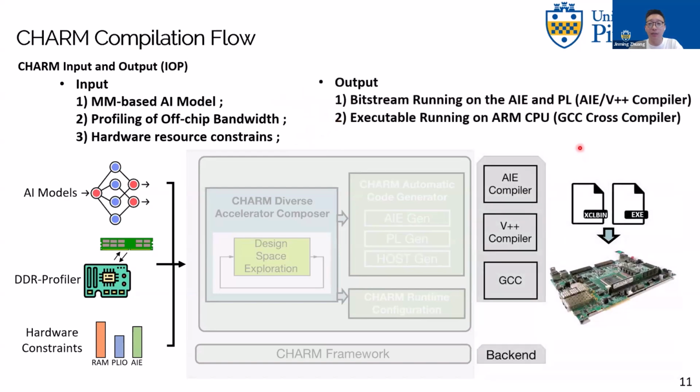By leveraging the backend compilers, the AIE and V++ compilers for AIE and PL, and the GCC cross compiler for the ARM CPU, it can generate the bitstream and host executable files that can then be directly deployed on board. This flow can also support the VCK5000, which is a data center Versal board, by just changing the host code a little bit.